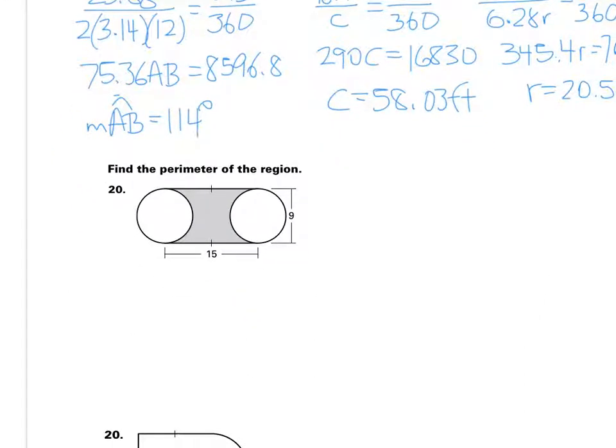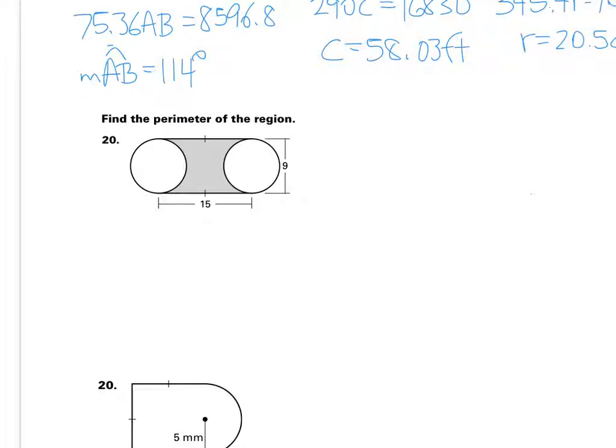And then we can do what I'm going to call some applications. Find the perimeter of the region. So I'm trying to find the lengths of what I have highlighted. If you take notice, the two circles are half circles, so once I find the length around one, that's the same thing.